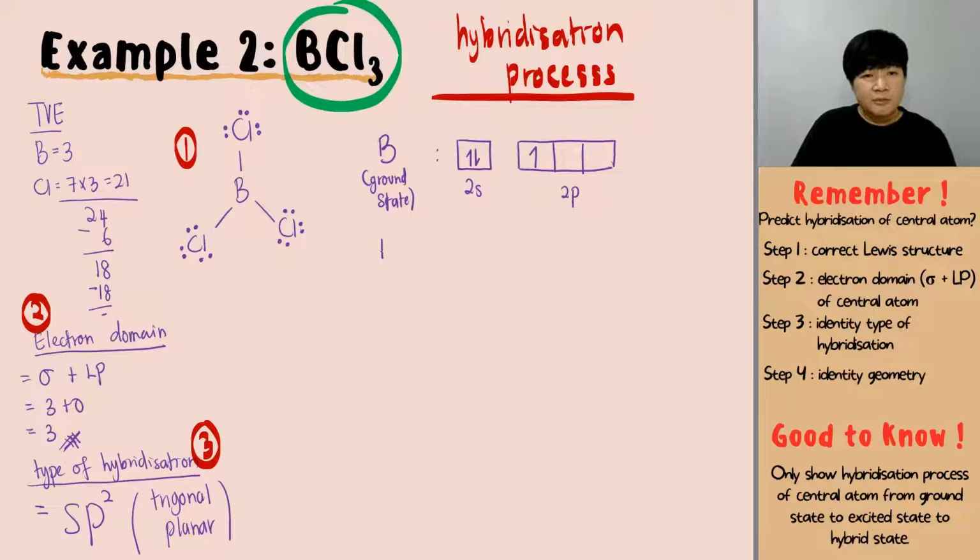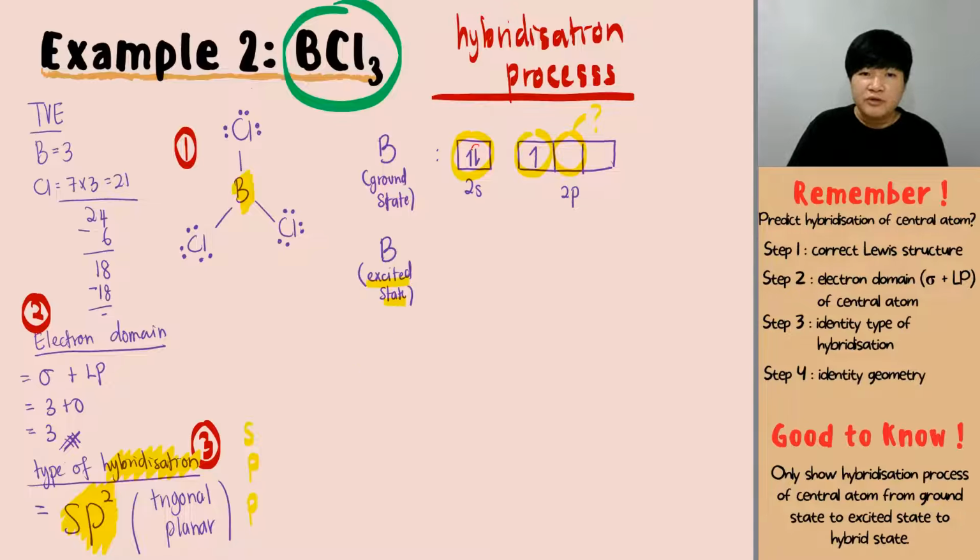Next, we are moving boron to the excited state. So moving to your excited state, you already need to pay close attention to your hybridization. Your hybridization that you determined from the electron domain is sp2. sp2 means 1 from the s, 2 from the p. Therefore, we are taking 1 from the s and 2 from the p. But you realize this is empty right now. So what do we do in the excited state?